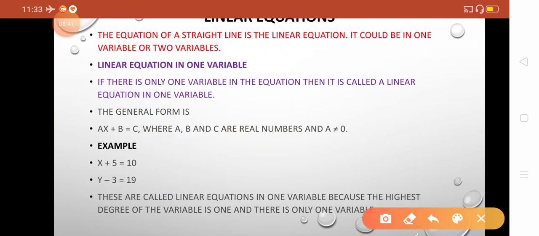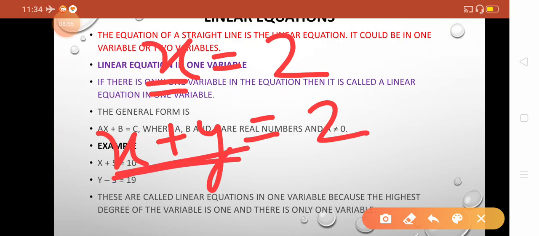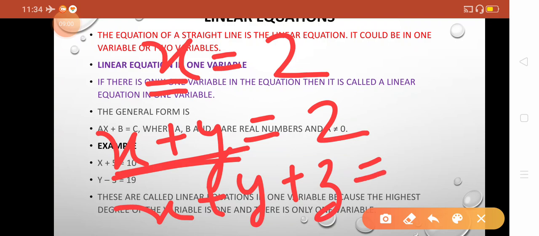Whenever one letter or alphabet is there, it is a linear equation in one variable. As we have written x is equal to 2, only one variable is there. If two letters are there, it is a linear equation in two variables. If three letters are there, it is a linear equation in three variables.